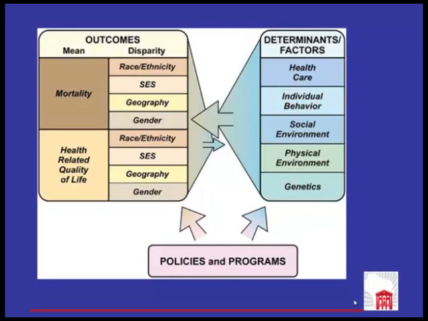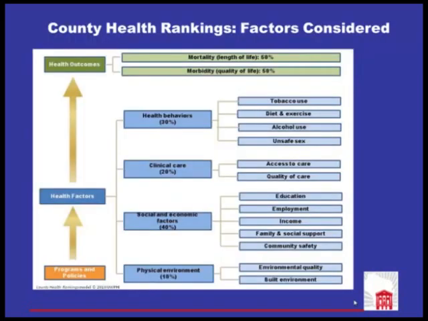And as I indicated before, in the early 90s, many of us were still very much in a medical model frame where healthcare was the main determinant, perhaps some issues about behaviors and lifestyles, but this full-blown understanding of the relationships was not complete. So that's been important over the last 2 decades.